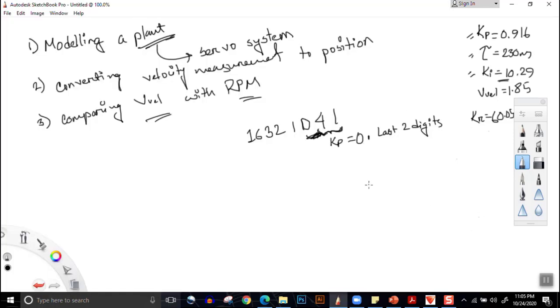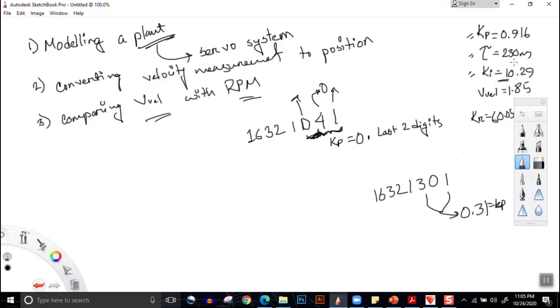One thing to be said is that if this digit is 0, then you neglect this digit and choose these two. For example, if your student ID is 16321301, then your Kp would be 0.31. Okay, so this is your Kp.